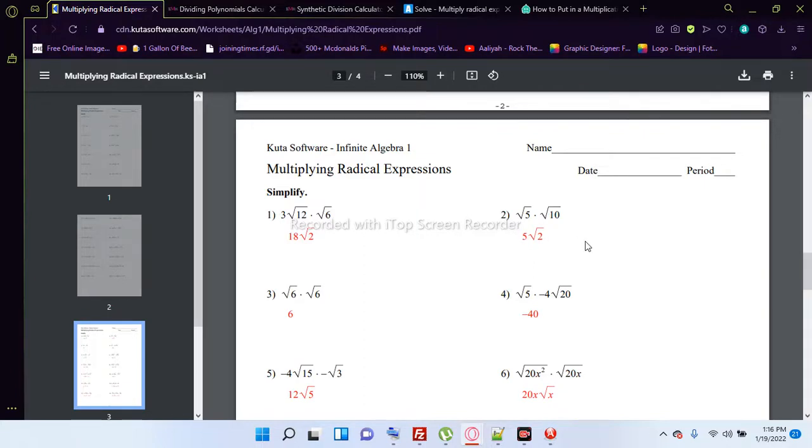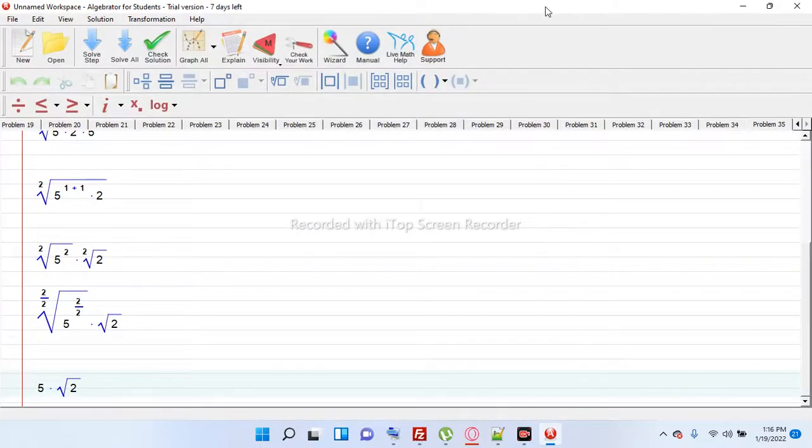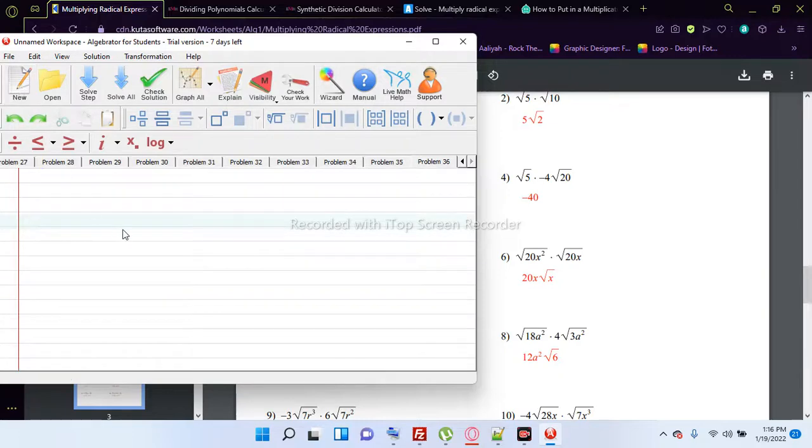All you have to do, like I said, is study this thing here. Sit there and really give it a whack to the noggin of your brain, and you'll be able to do it. I mean, it ain't that hard. Let's go: radical 20x squared times the radical 20x. Okay, let's do it. You do the radical sign here.